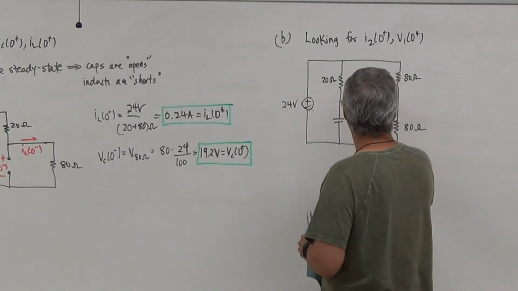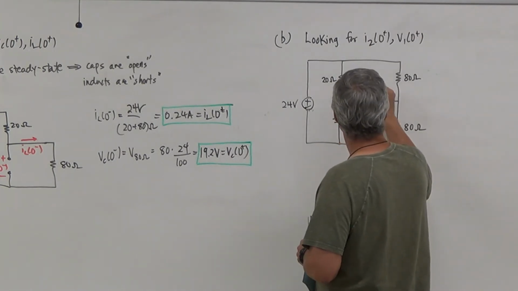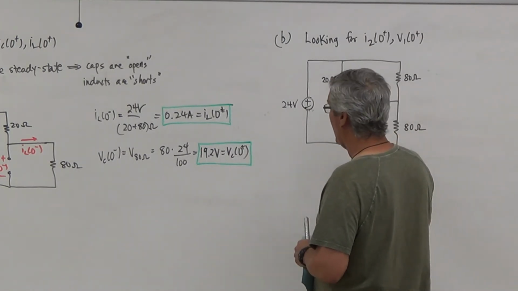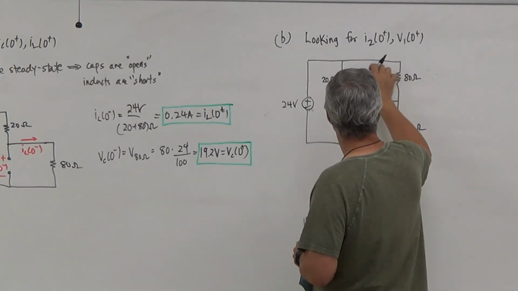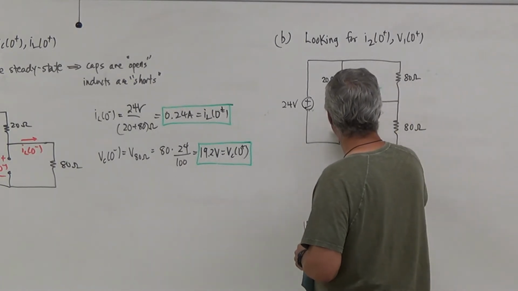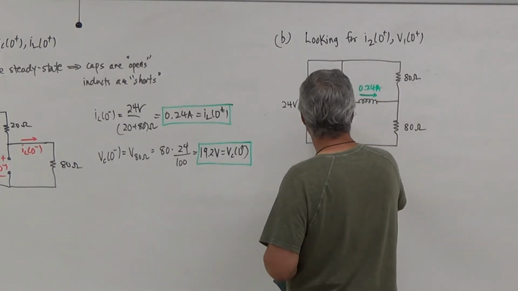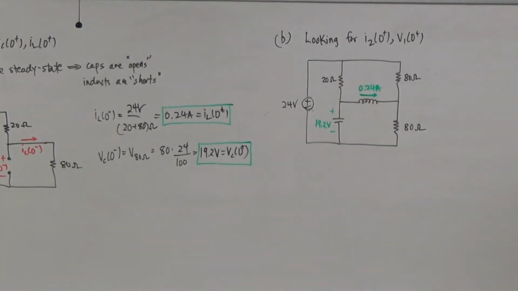I know for a fact that this current here has to be 0.24 amps, and this voltage here has to be 19.2 volts. So I have additional information.